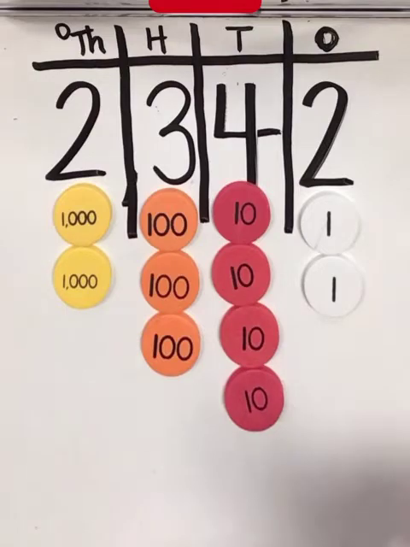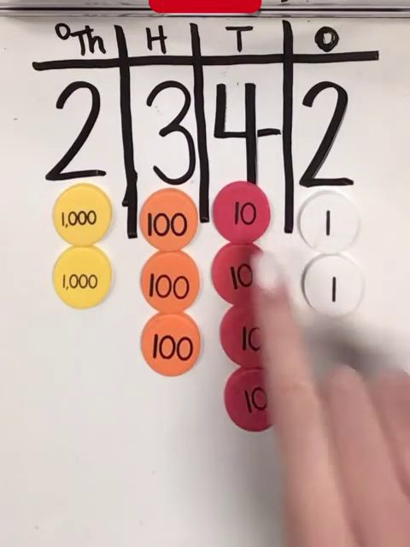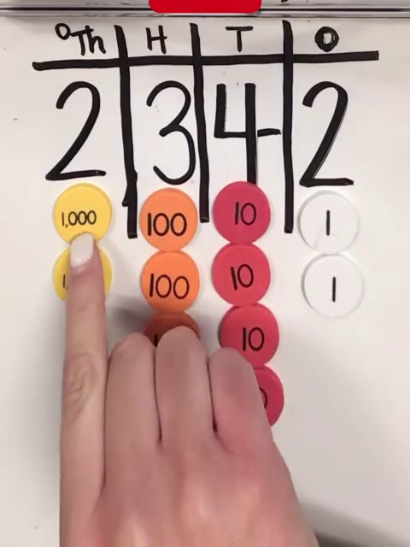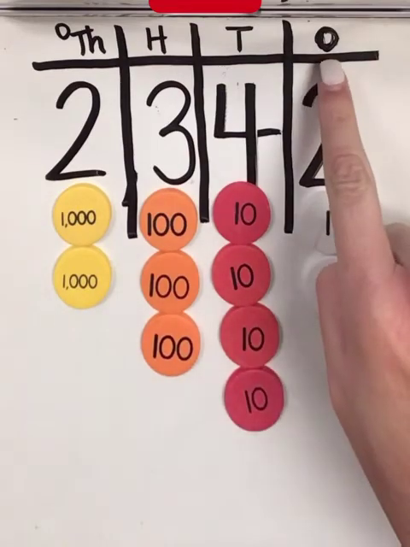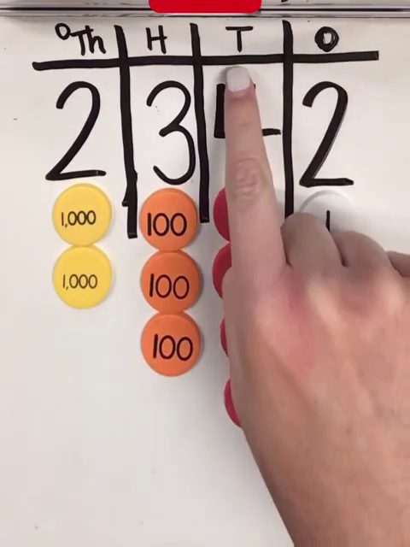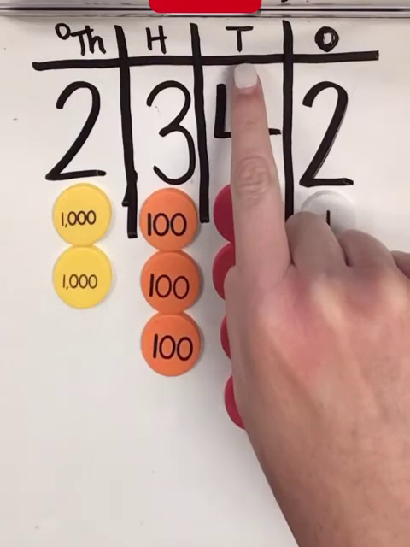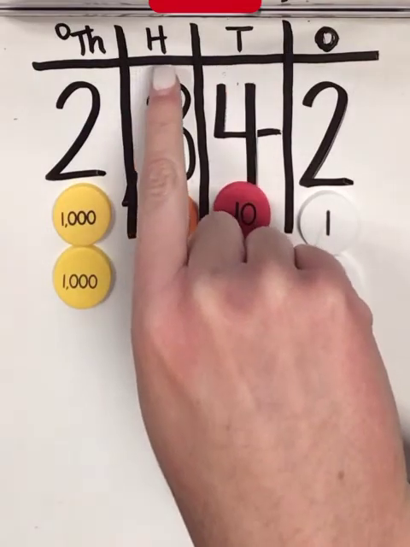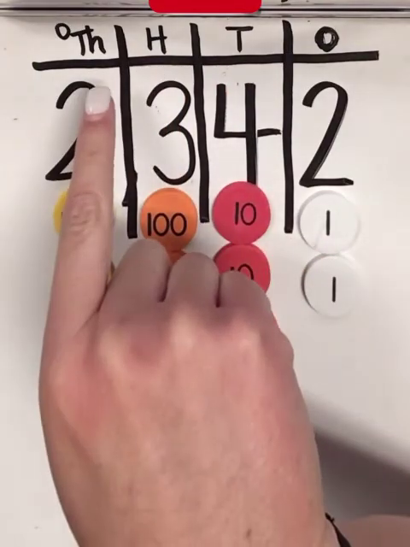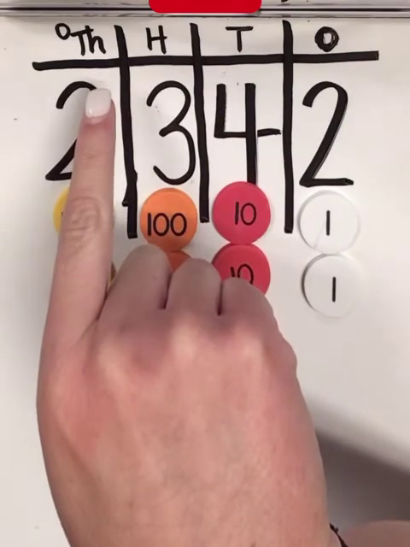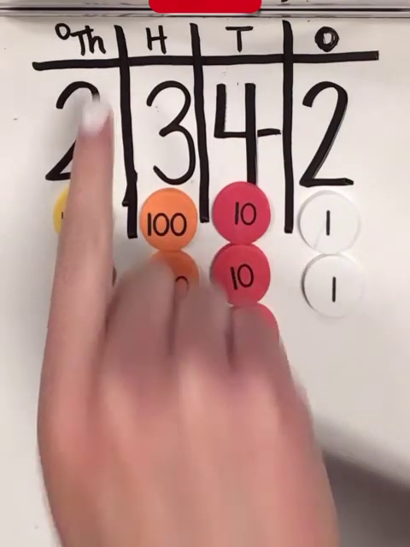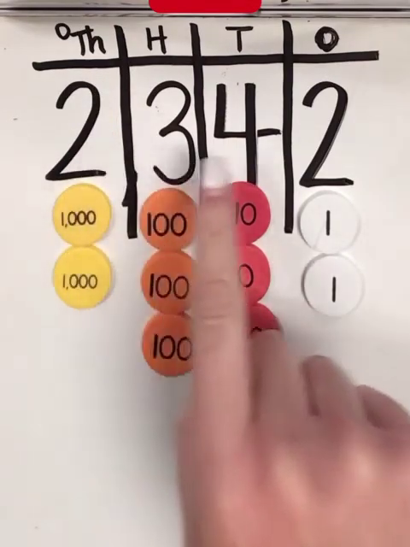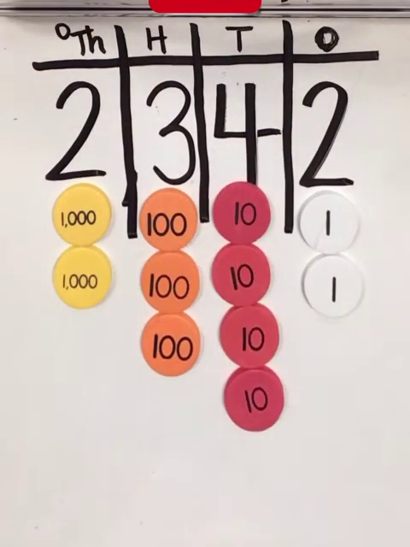So we know the value of each one of these disks right here. This is the value 1 in the ones place. In the tens place, the value is 10. In the hundreds place, our value is 100. And in our 1,000s place, the value is 1,000. This tells us how many of each of those we need.